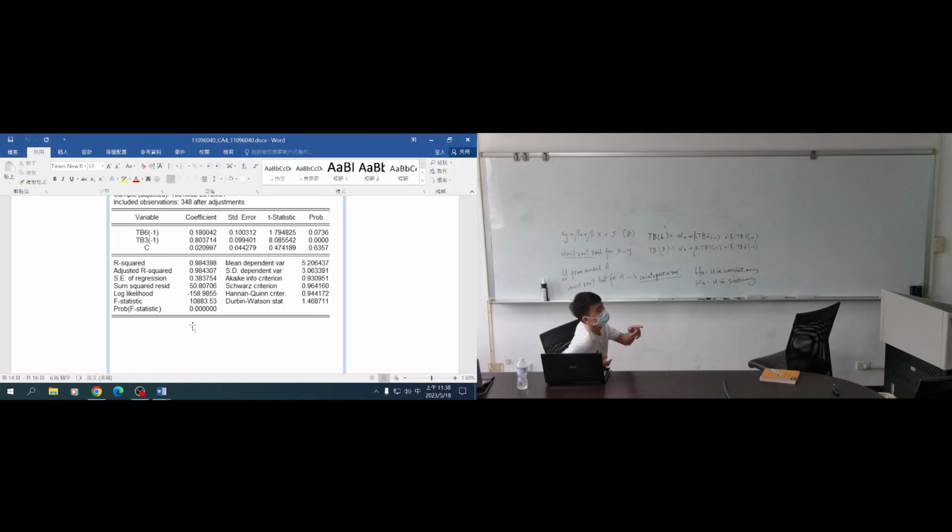Like stock price, and the long term will affect the short term. Well, I'm not sure about stock price, but for the interest rate, usually the longer the term, the higher the interest rate.